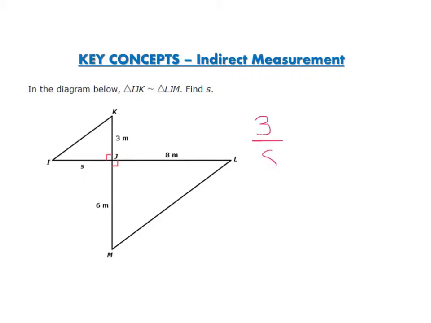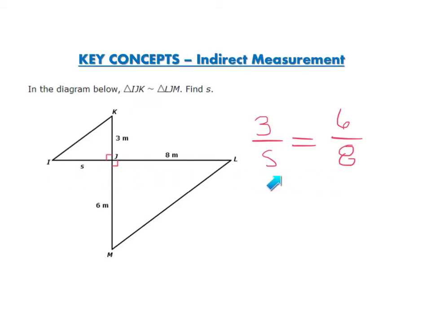3 over S equals 6 over 8. Because the 3 and the 6 share a side, they would go either both on the top or both on the bottom. It doesn't matter if you put them both on the top or both on the bottom, as long as they are both in the same place. S and 8 share a side.